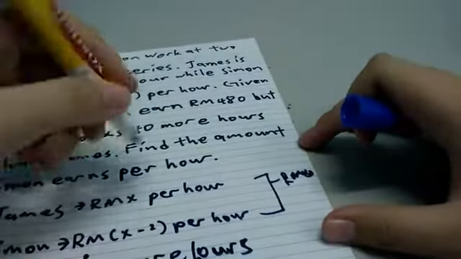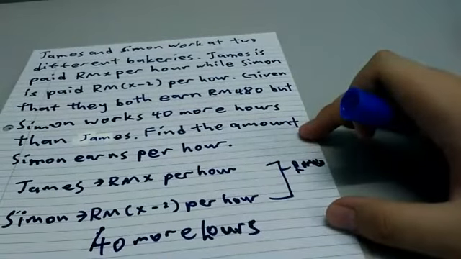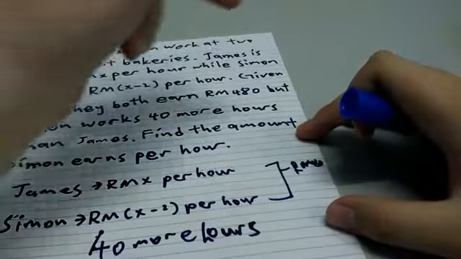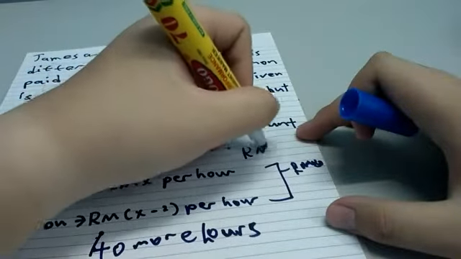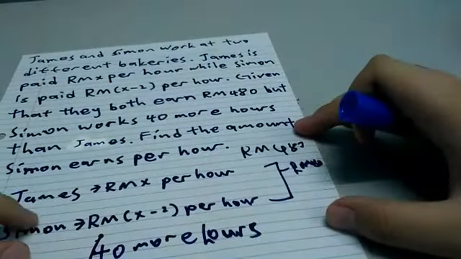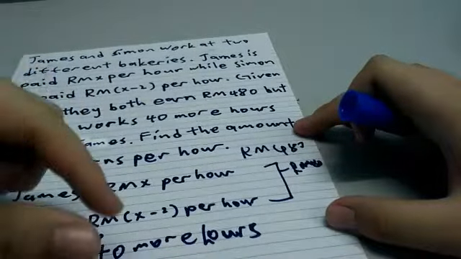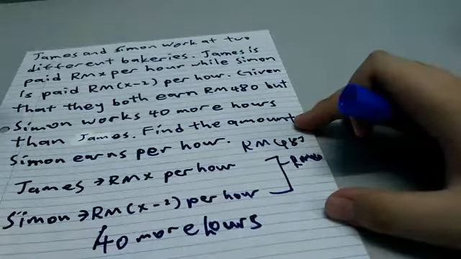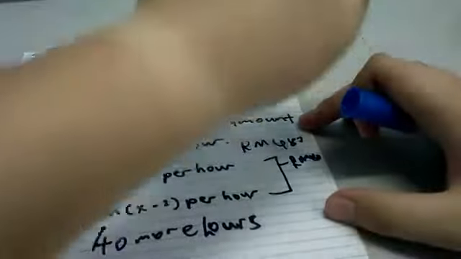So which means that James is paid RMx, and after a certain number of hours he will earn 480 ringgit, while Simon is paid RMx minus 2, but he works 40 more hours than James, and he also gets 480.